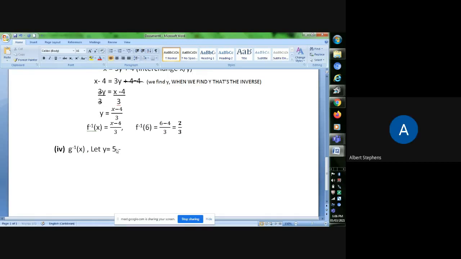And what's the next step now? Interchange. So we're going to have x now equal to 5 subtract 2y. Sir, you put the y in the wrong place. Where you put it? Beside the 5?